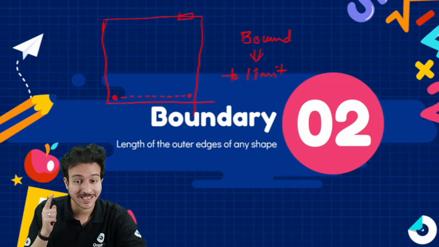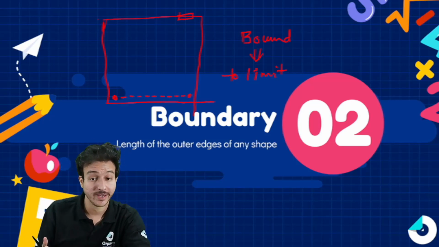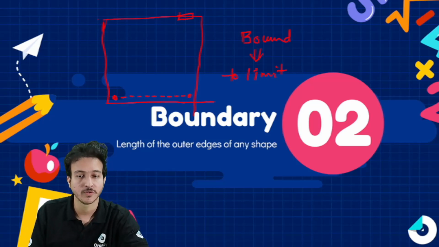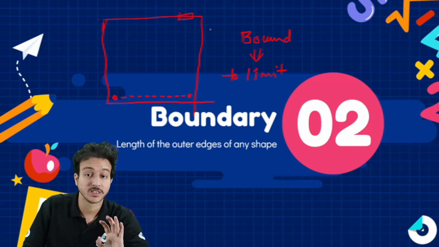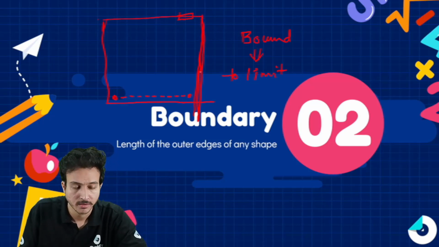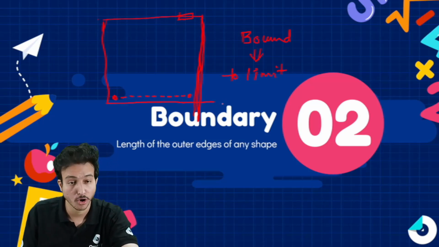Because this wall is stopping you, it is limiting you to that position. It is saying stop over here, you can't get ahead of it, because this side is stopping your path. This side is called the boundary.